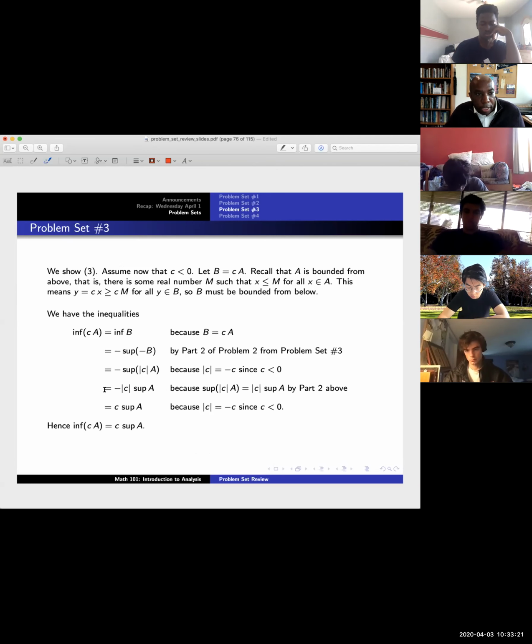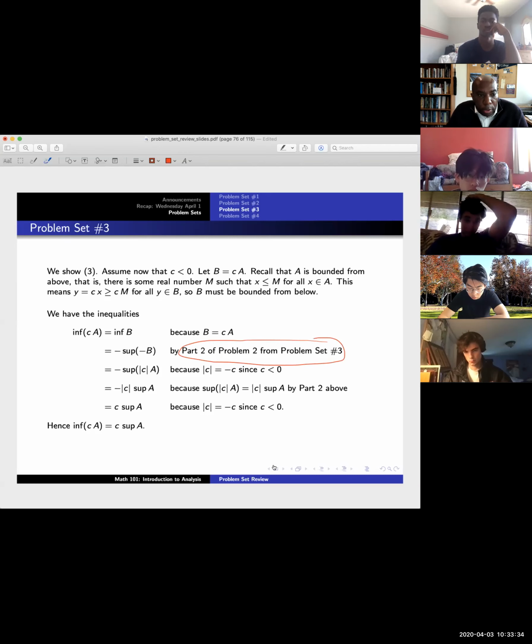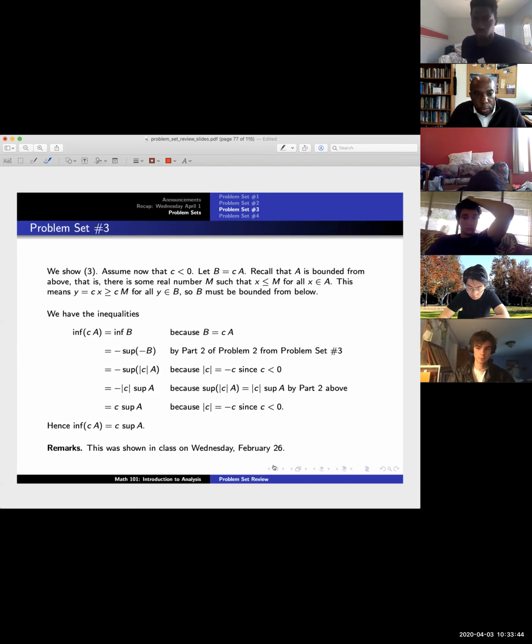I just wanted to say that here's a sketch on how to do this for part 3, which comes down to using problem 2 on this problem set. I know that we said this very quickly in class that there is a way to do this, but if you want any hint on how to do it, then here's an idea. Okay, so any questions here on problem number 4?